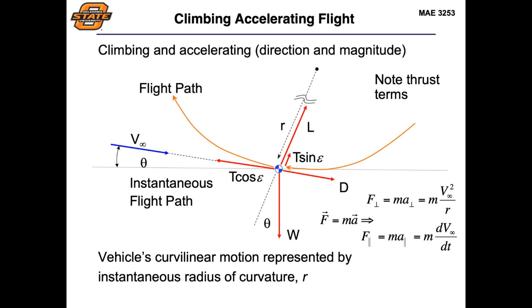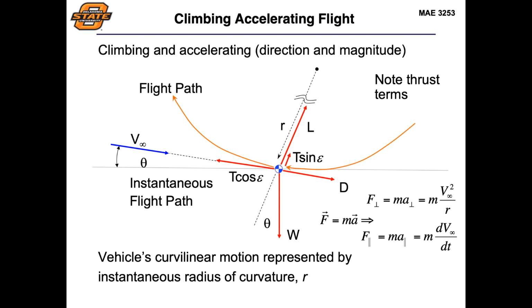In this case, we'll now use those unsteady equations of motion, again going back to Newton's second law, where we have F is equal to ma. Now for the forces parallel to the direction of motion, that simply becomes m times a, where a is now your dV/dt. That's the rate at which you're accelerating along that particular direction that you're traveling at any given point in time.